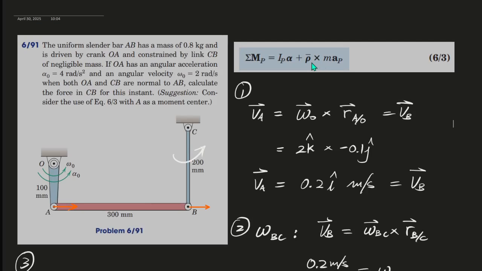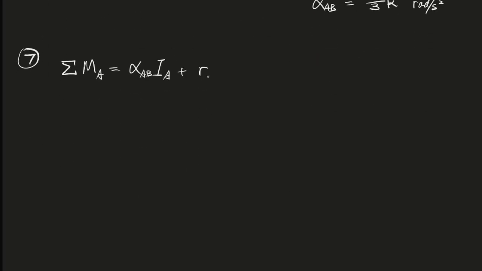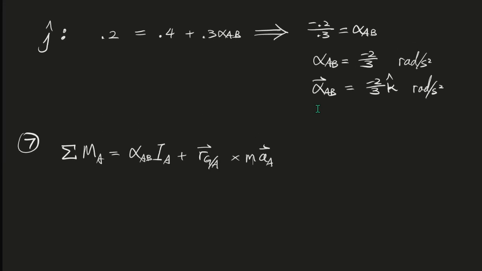Rho is actually the distance to the center of mass from the point A. So I should technically write G/A as a vector, cross product, mass times the acceleration at A. So what do we do for summing up all the moments?